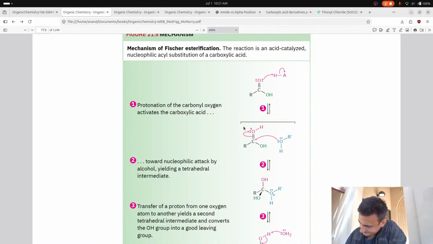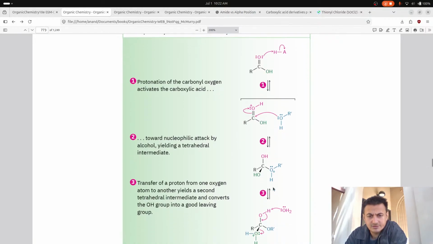Now we get this geminal diol thing, a geminal diol tetrahedral intermediate.